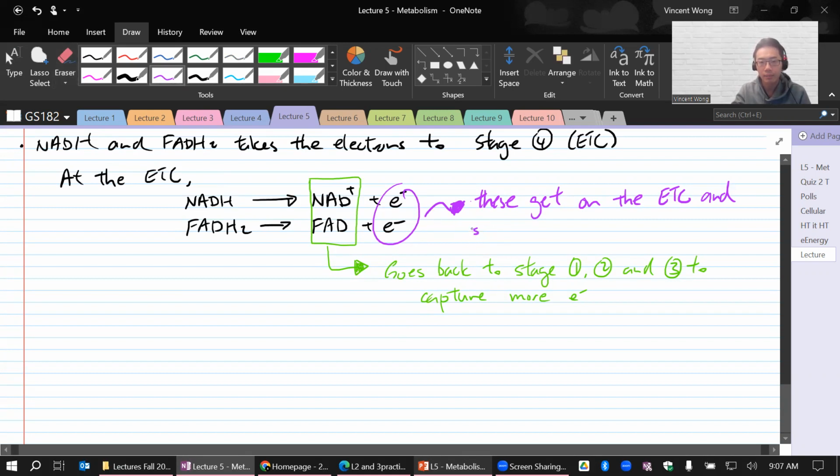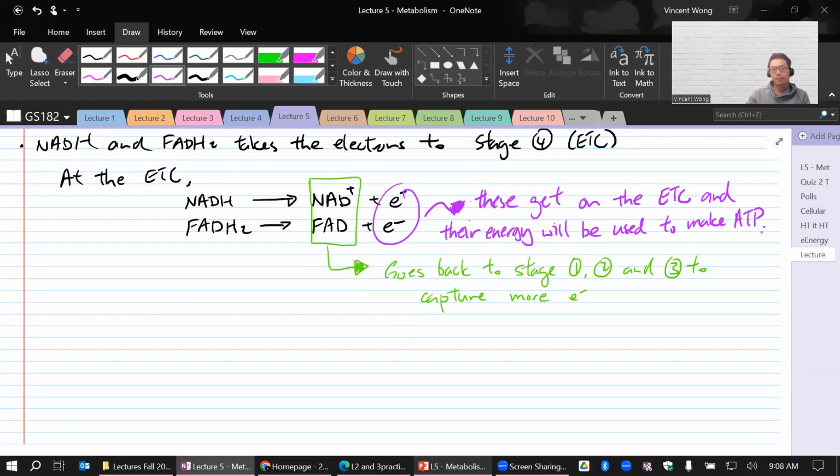Their energy will be used to make ATP. I'll tell you how that happens, maybe today, maybe next class. Depends on how far we go.